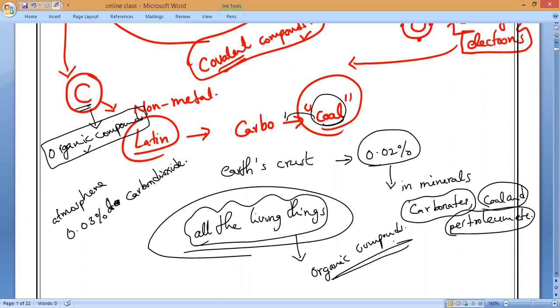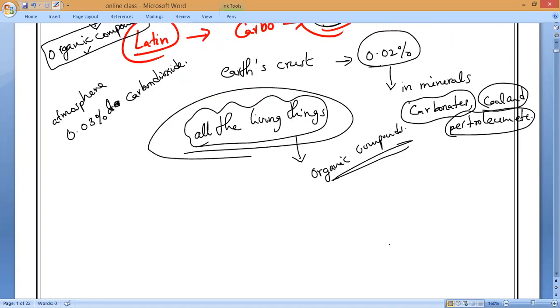If we see our daily life, many of the substances in our surroundings are made up of carbon compounds only. Take our food. What is the food we are consuming? Carbohydrates. Grains, pulses, sugar, tea, coffee, fruits, vegetables. These are all carbon compounds. Now take the dresses we are wearing.